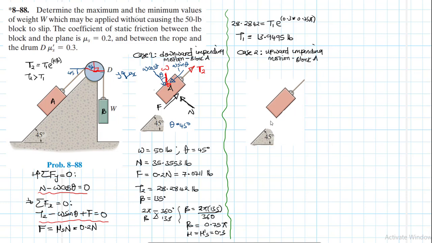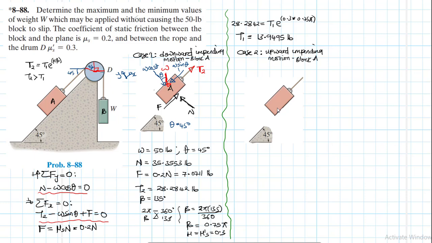In this particular case, we are assuming that block B is the one that tends to pull block A. I repeat again. Here we are saying block B is the one that tends to pull block A.